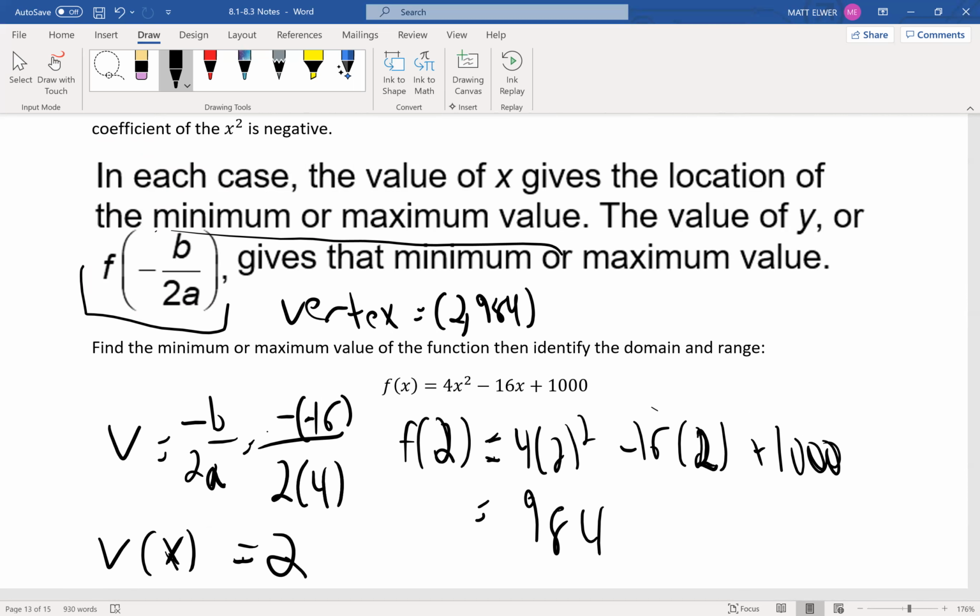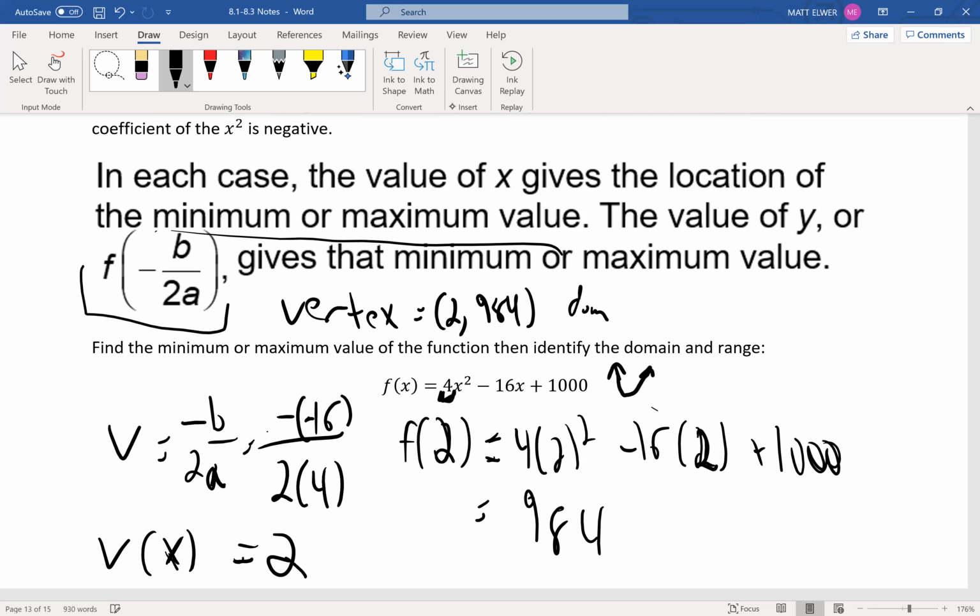So the question is, is this a minimum or a maximum? So notice that my a term, my 4, is greater than 0, right? So that means my parabola is going to kind of go up like that. So I know that this has to be a minimum. So I can put any value of x that I want in there.